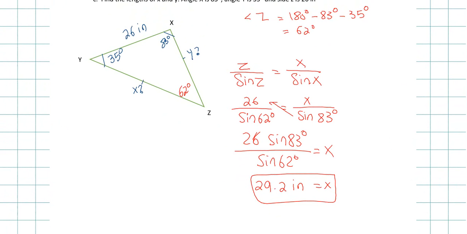Okay. All right. So if I'm using z again, it's going to be z over sine z equal to 26 over sine 62 equal to y over, again, cross multiply.